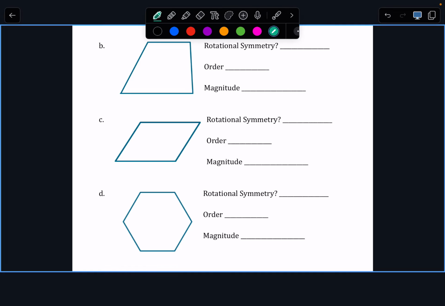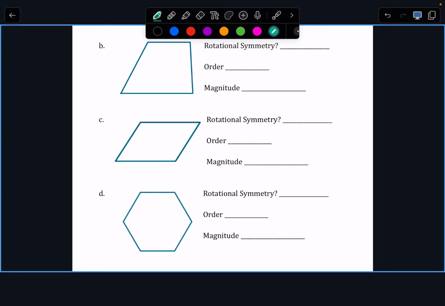Right? Wait a minute. Hold on. Oh wait, no, you can't. Magnitude. I don't think there's any magnitude, but there might be. Are you supposed to have the degree symbol for the magnitude? Yes.